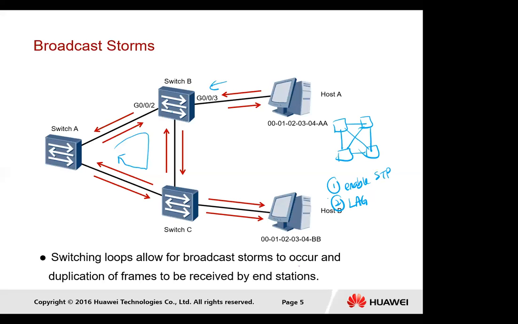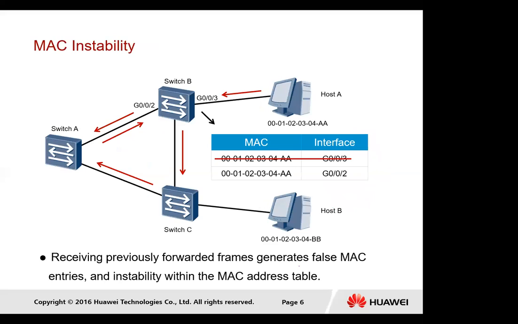Another problem caused by layer 2 redundancy is MAC instability. Your MAC address flaps between 2 different ports. We know that in the behavior of switches, a switch learns based on the source MAC address.